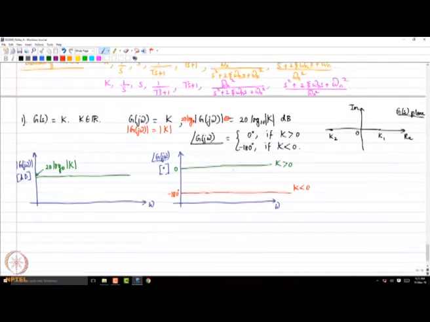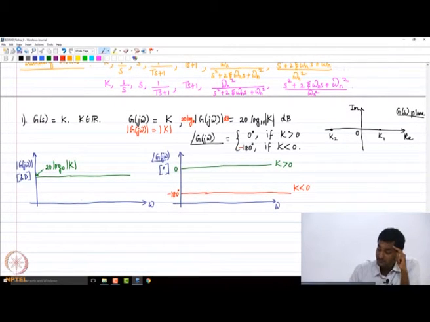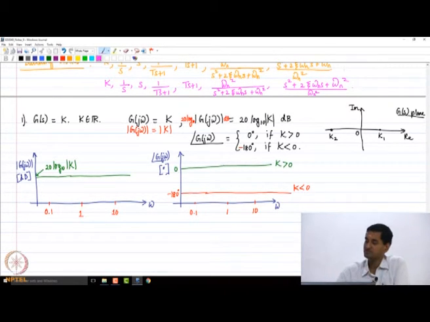This constant term. And typically what happens is that we take frequency ranges on the abscissa, where we essentially use what is called a decade.